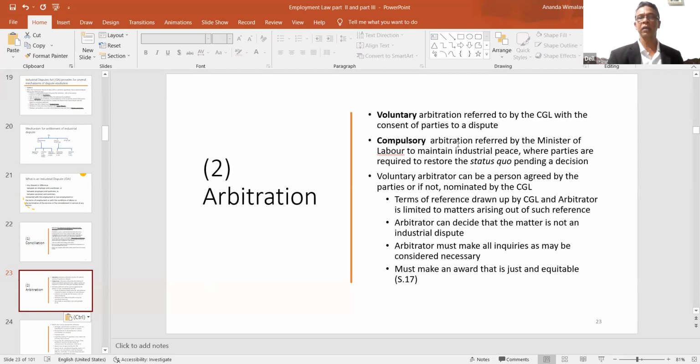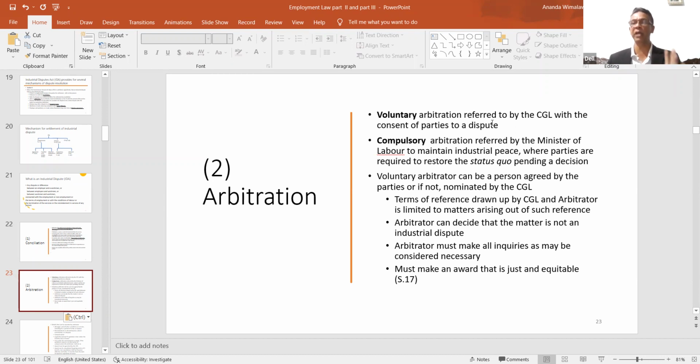Referring to arbitration by the commissioner is named voluntary arbitration. What do you mean by voluntary arbitration? Voluntary arbitration means disputes referred by the CGL, Commissioner General of Labor, with the consent of the parties to the dispute.